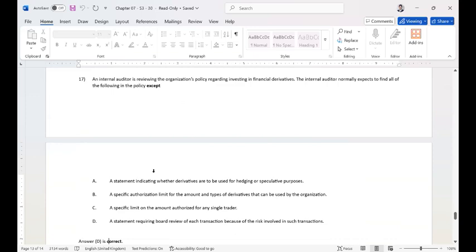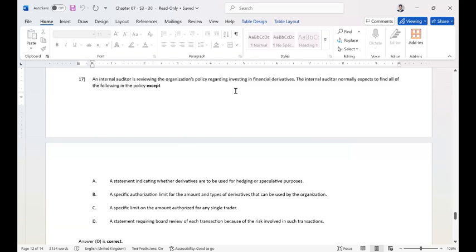Question number 17. The internal audit is reviewing the organization's policy regarding investments in financial derivatives.